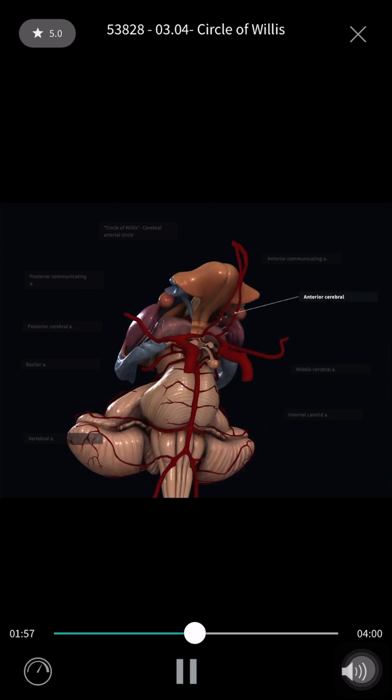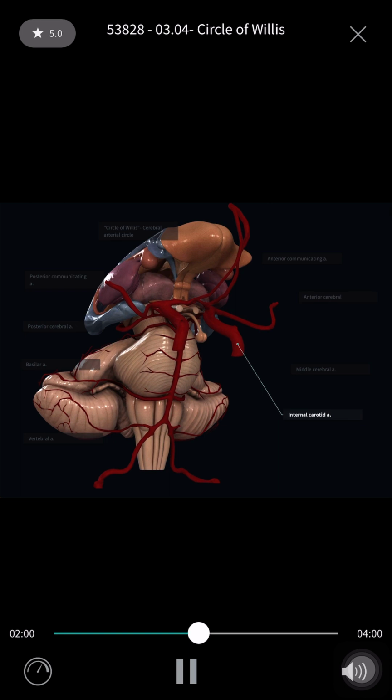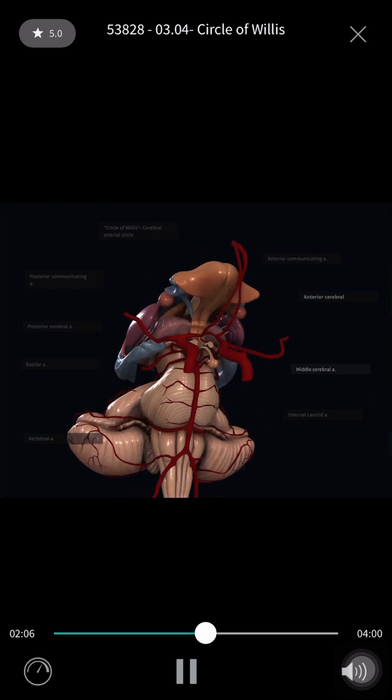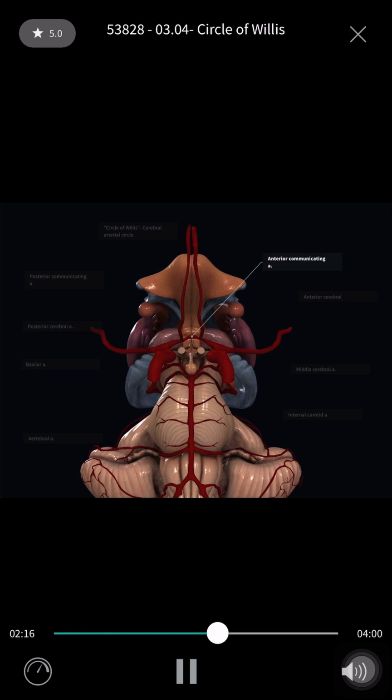So the internal carotid artery is essentially going to split into a branch that goes laterally out towards the parietal and temporal lobes, and an anterior branch that's going to go towards the frontal lobes. The right and left sides are going to be connected by a small vessel known as the anterior communicating artery. And this is really what's going to connect the right and left sides' blood supply anteriorly within our brain.